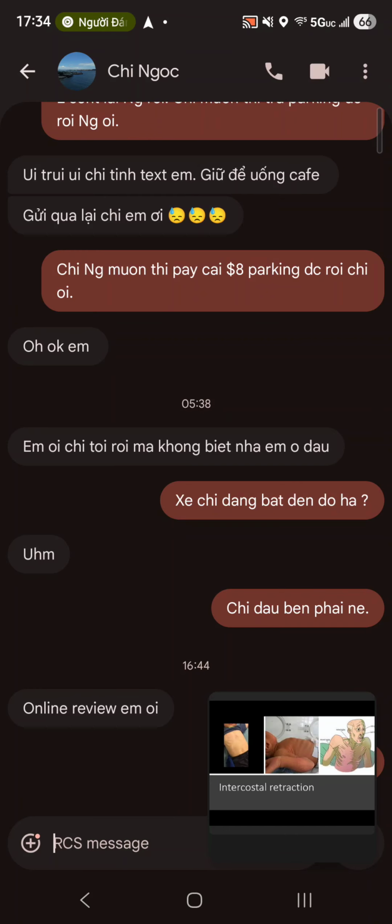How old is the baby? I like the picture of all the eyes, the nose, the knees. Also, intercostal retraction. Between the ribs, there is retraction.